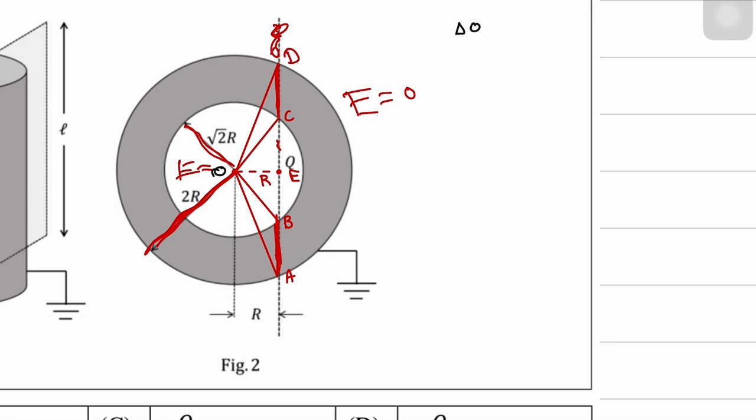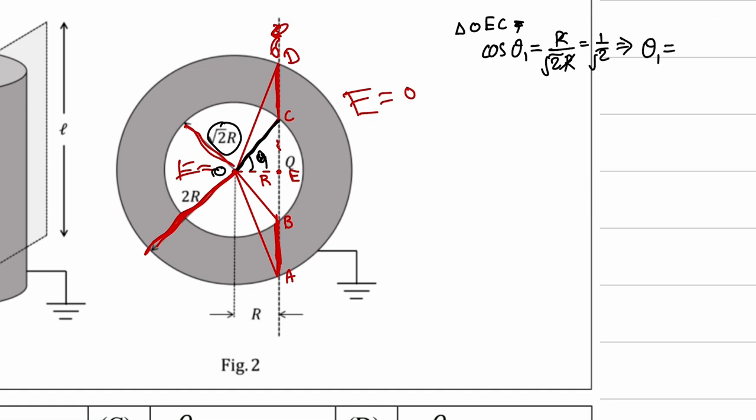In triangle OEC, let's take cos theta 1. Cos theta 1 would be the adjacent side, which is r, over the hypotenuse OC. Now OC is the radius of the inner cylinder, which is root 2r. So r divided by root 2r is equal to 1 by root 2, and from here the value of theta 1 is 45 degrees.